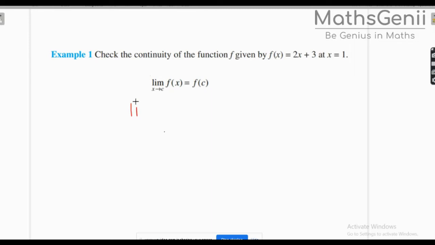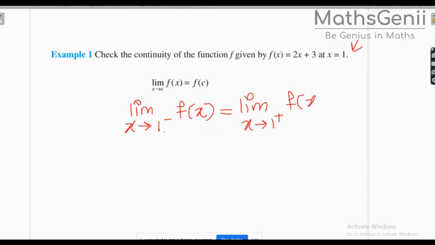So your condition will satisfy when limit x tends to 1 minus f of x is equal to limit x tends to 1 plus f of x. This combined is nothing but this, okay, is equal to f of c. So in this case, your c is 1. So if this condition is satisfied, then your function is continuous.